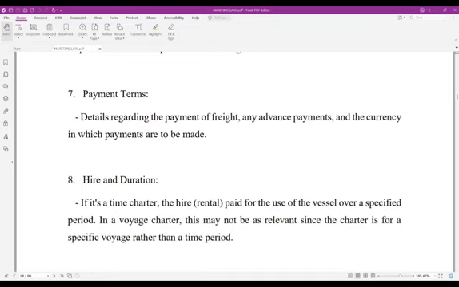Should any advance payments crop up, it will have been stated in the terms and conditions of the contract. And the type of currency that will be used for payments will be in dollars, in euros, in pounds, in our Nigerian naira, etc.